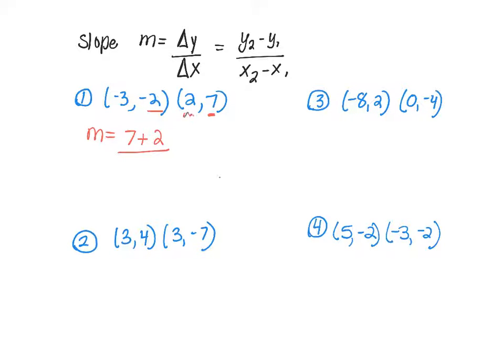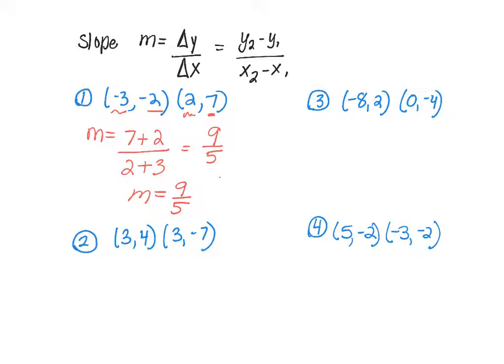And then my x value minus my x value minus a -3 is going to turn that into a +3. And I'm going to end up with 9/5. So the slope for this, between these 2 points, is 9/5.